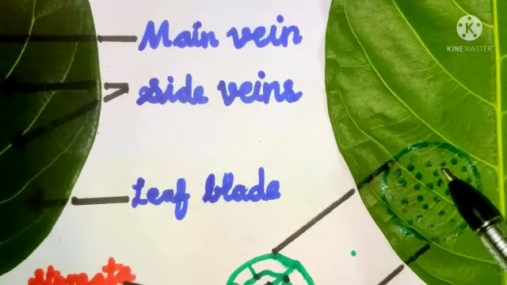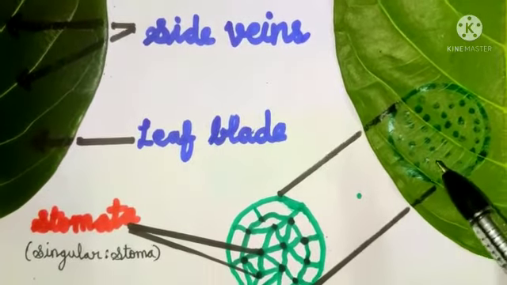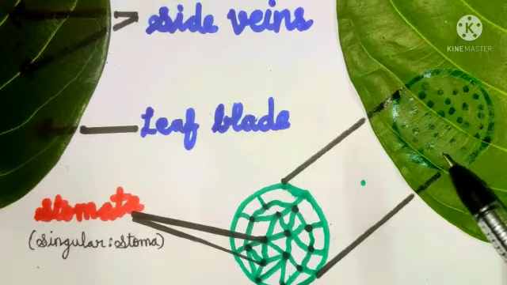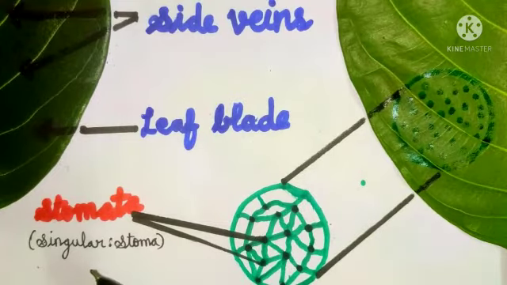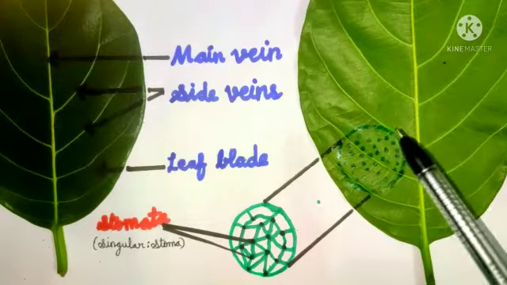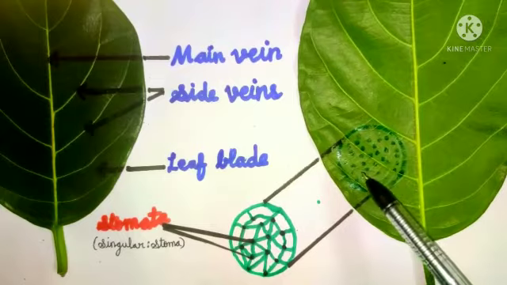They can be seen only with the help of an instrument called a microscope. In singular, we say it as stoma. Okay. So if you take a leaf and see under the microscope, we will notice tiny openings.